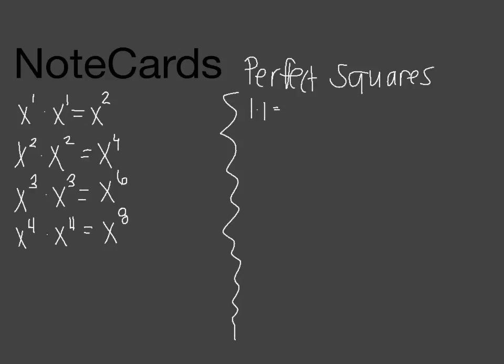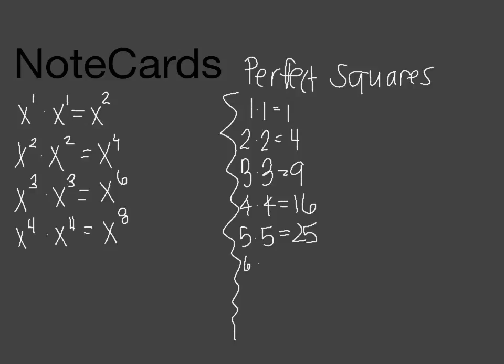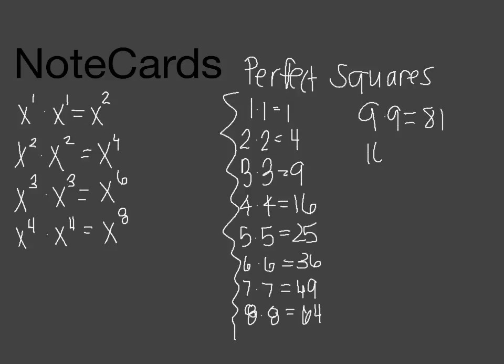You're going to write 1 times 1 equals 1. 2 times 2 equals 4. 3 times 3 equals 9. 4 times 4 equals 16. 5 times 5 equals 25. 6 times 6 equals 36. 7 times 7 equals 49. 8 times 8 equals 64. 9 times 9 equals 81. 10 times 10 equals 100. 11 times 11 equals 121.